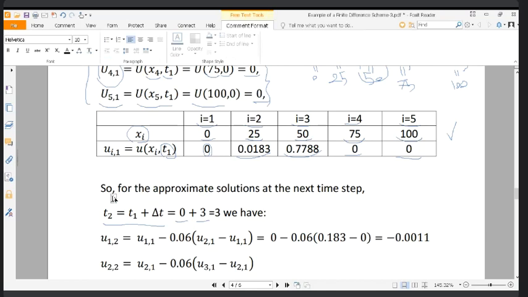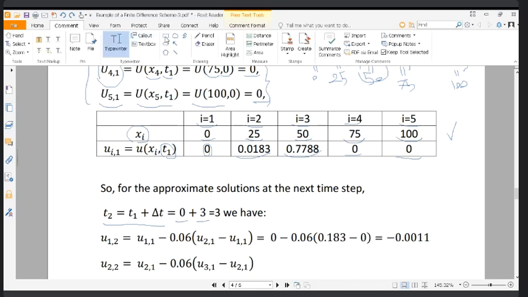u of i and j plus 1, it is the index. u of i and the next step, meaning j plus 1, equal to... I'm writing equation 3 because we do not have this equation on this page.